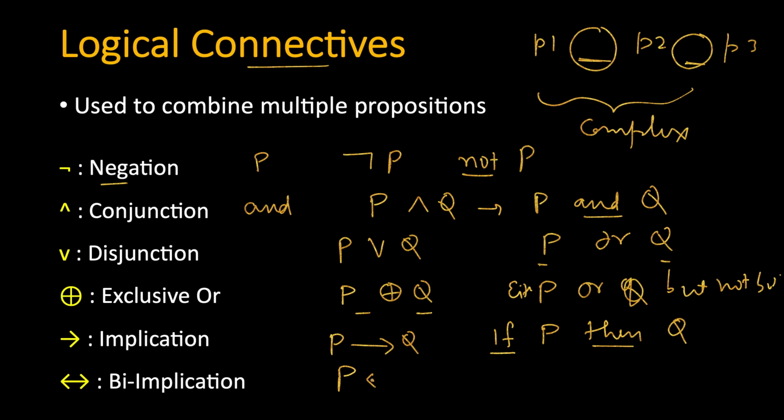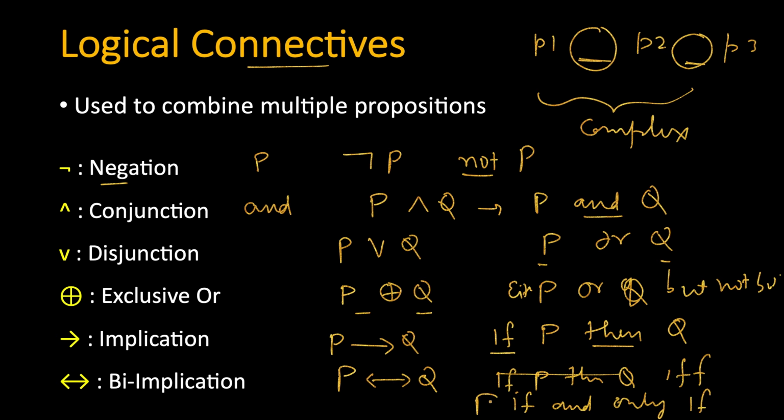So if we write P bidirectional implication Q, then it will mean if and only if P then Q, and if Q then P. So we will call it IFF, or if and only if. So P if and only if Q. So it's necessary and sufficient. So if P is true, then only Q will be true. And if Q is true, then only P will be true.